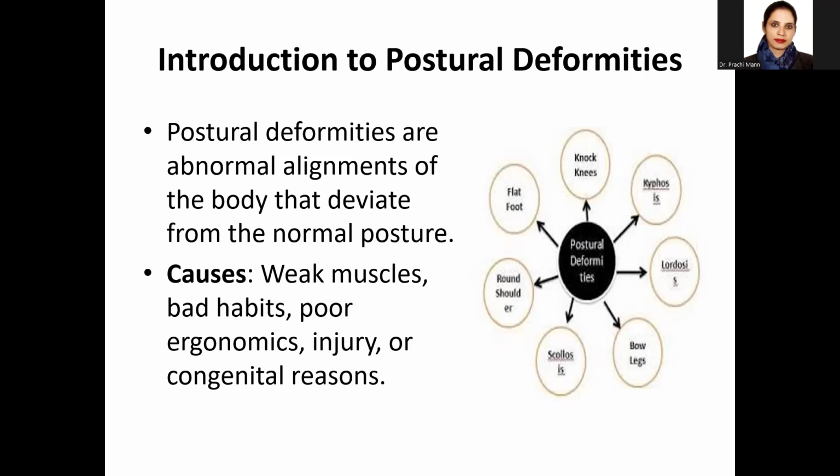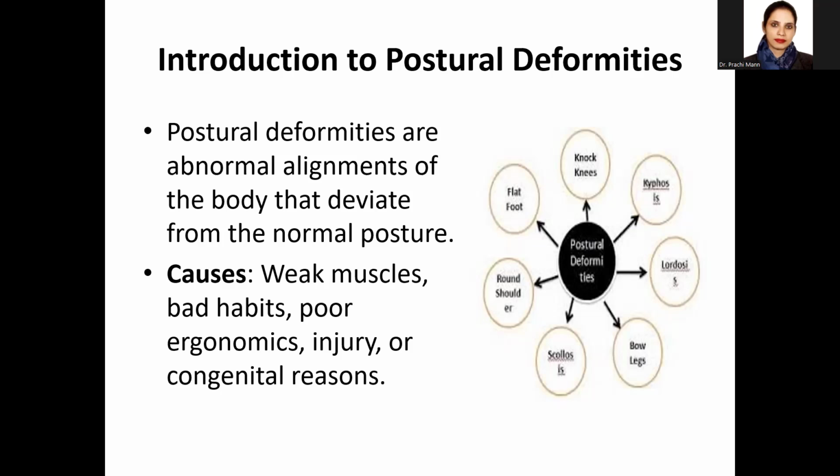The causes of postural deformities may be heredity, diseases, injury, poor habits, improper clothing, unhygienic living conditions, improper diet, improper exercise, obesity, socioeconomic conditions, lack of nutrition, and weak muscles.